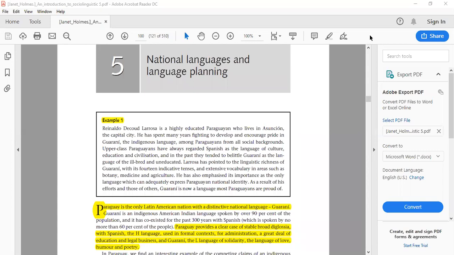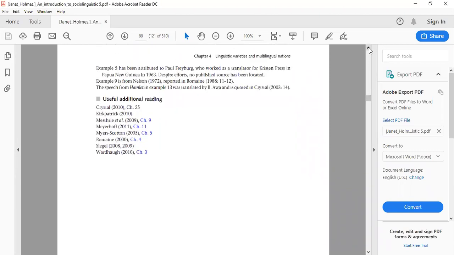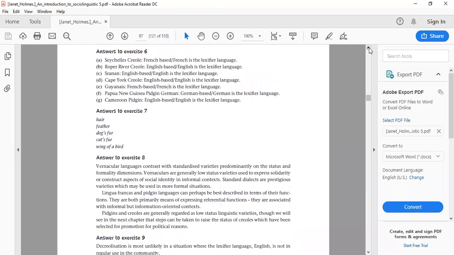Ma'am, can you scroll up to the page where decreolization is being discussed? I have a question there.